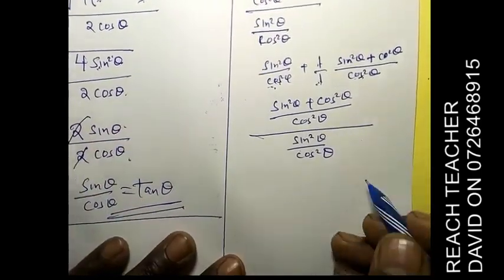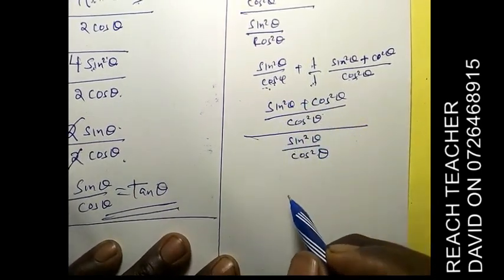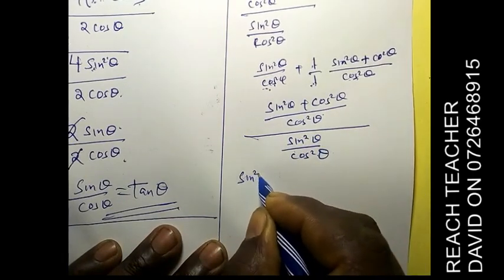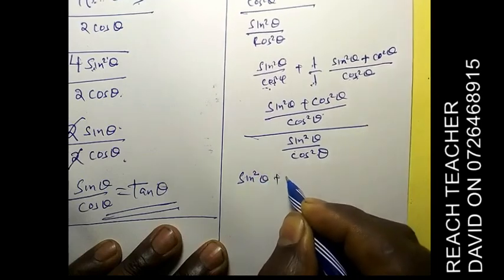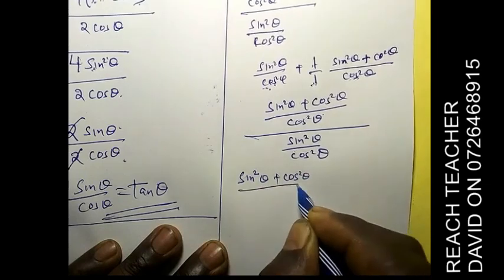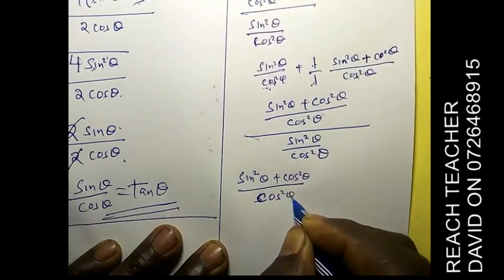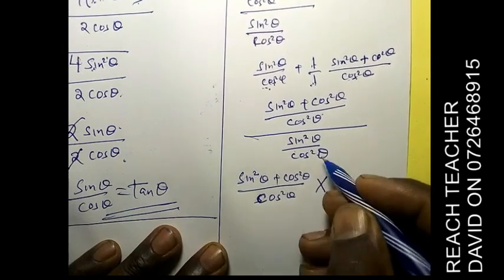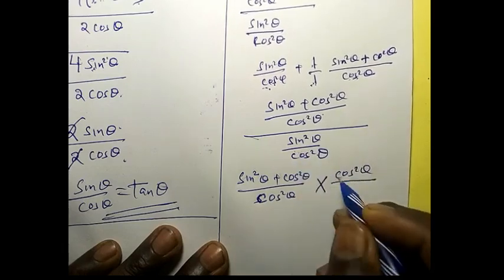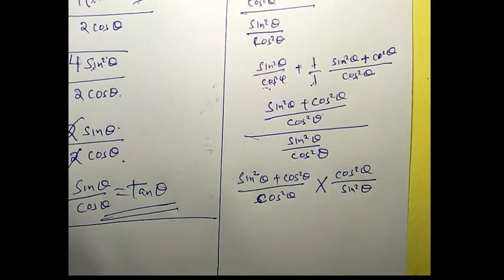Now, you know fractions. How do we do fractions? We want to divide this one by this, so we are going to get the reciprocal of this. So we are going to say sine square theta plus cos square theta divided by cos square theta, times the reciprocal, which is cos square theta over sine square theta, right?